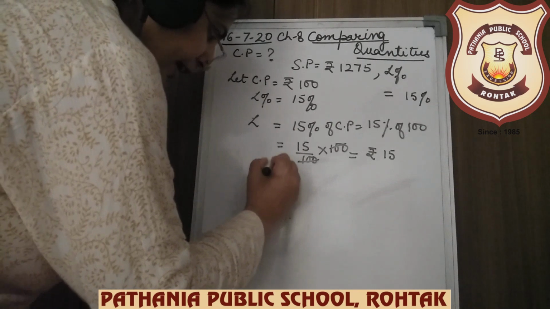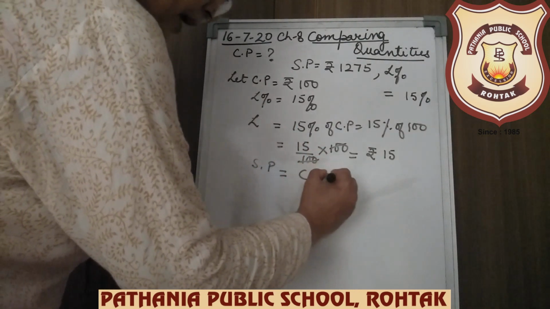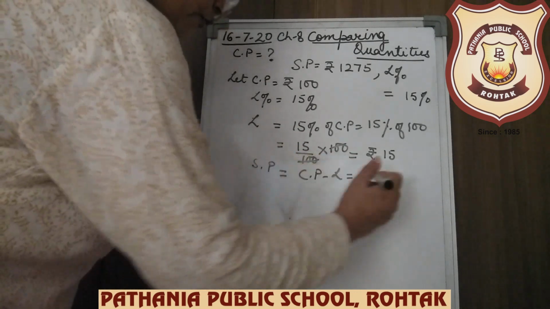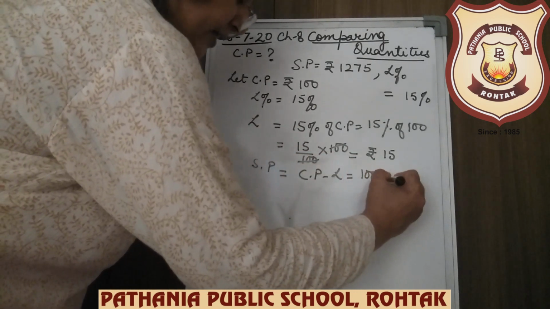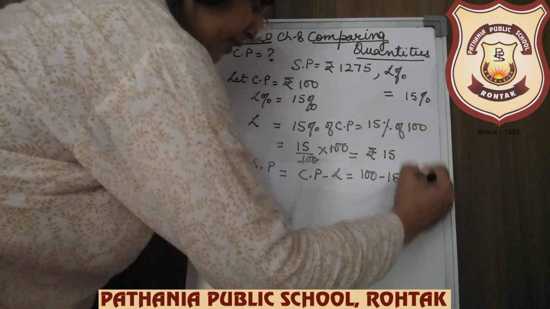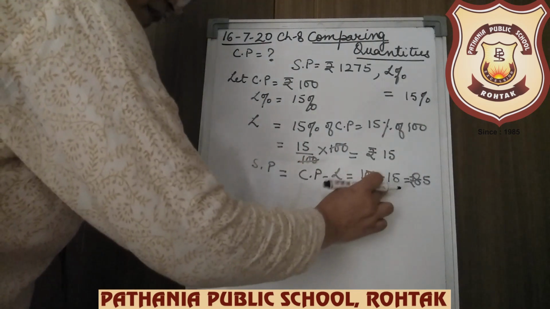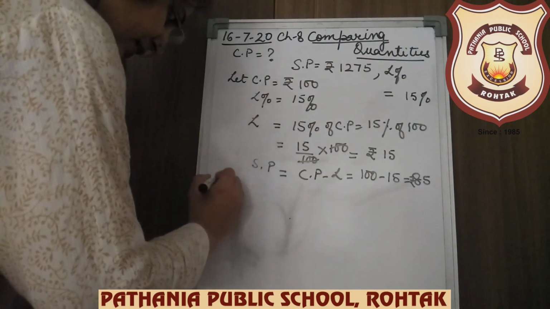First calculate SP from here. SP is going to be CP minus loss, which is your 100 minus 15, that is 85 rupees. Now you have this new SP and there is the actual SP that is given.